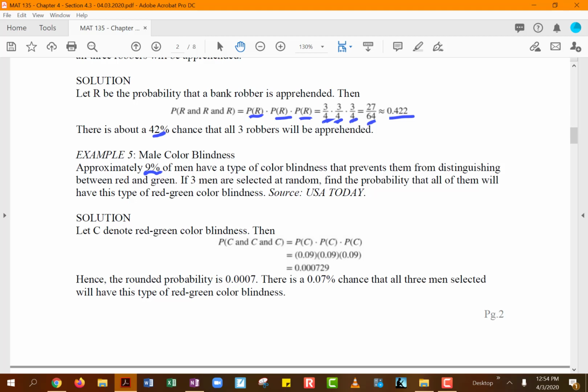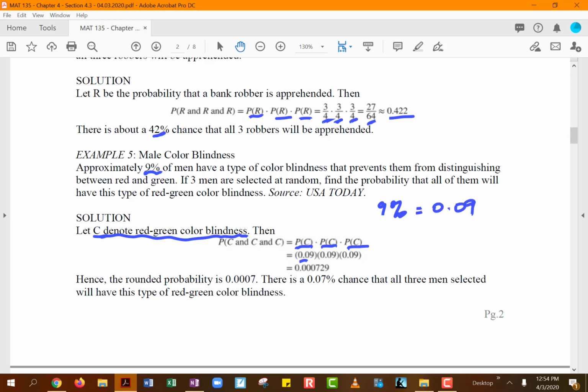So we're looking at probability of the red and green color blindness. You're taking probability of C, and they're telling you let C denote the red-green color blindness. And then you're multiplying this for all the 3 men we selected at random. So remember, that's a 9% probability. So 9%, you are going to write it as a decimal, 0.09.